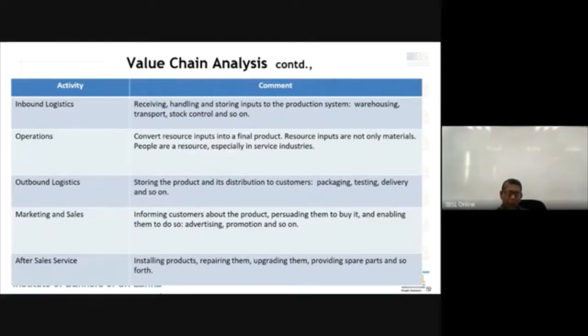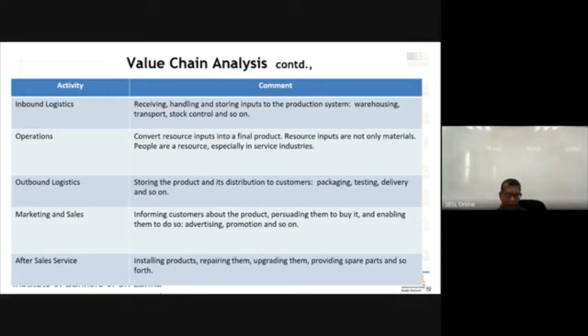Then you need to do marketing and sales to inform customers about the products, persuade them to buy, things like that. And then sometimes we need some after-sales services once we give the product to the customer.